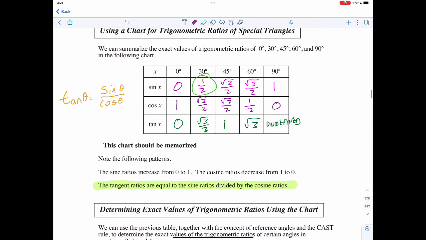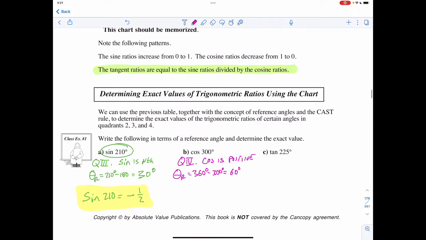When I look at 60 degrees, cos is 1 over 2. And I'm going to say that cos of 300 is equal to positive 1 over 2. That is the exact value.